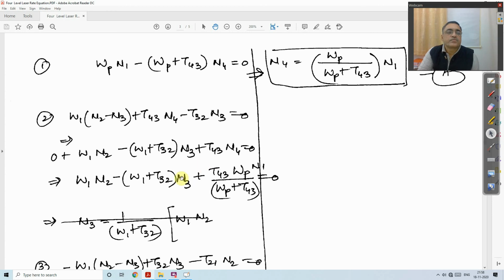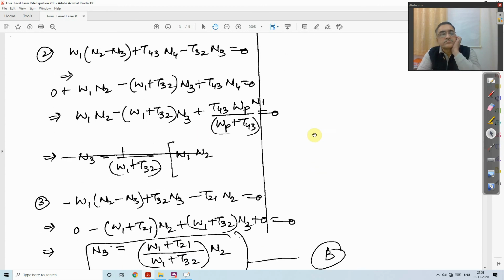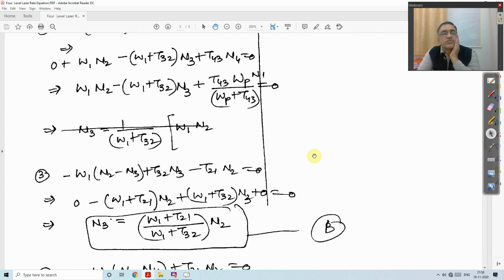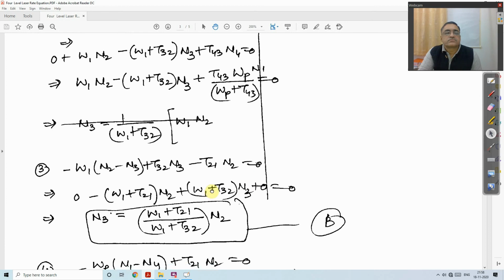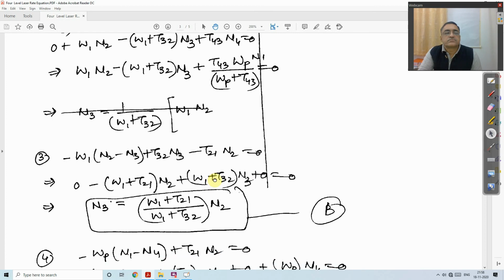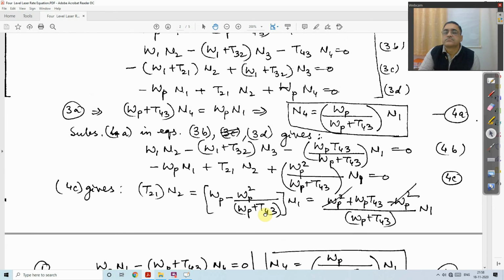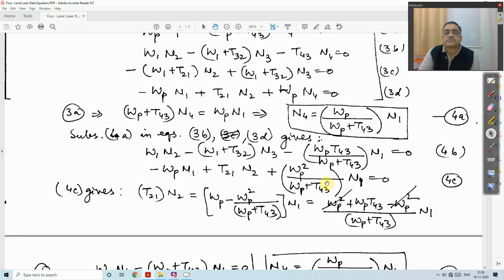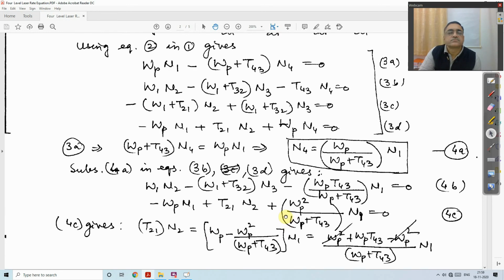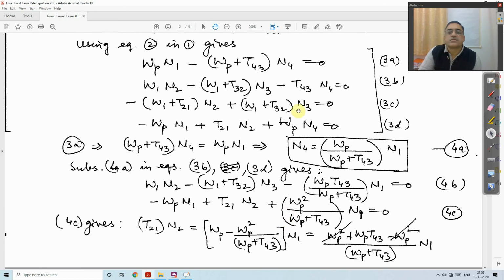We obtain N3 in terms of N2, using the third equation. N3 in terms of N2.